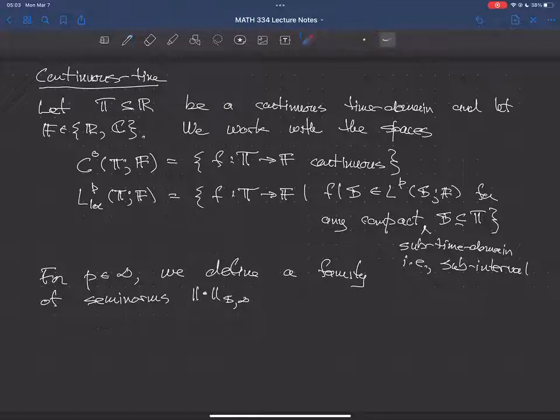The notation's the same. We have a compact subinterval S, and this is the P we're talking about.